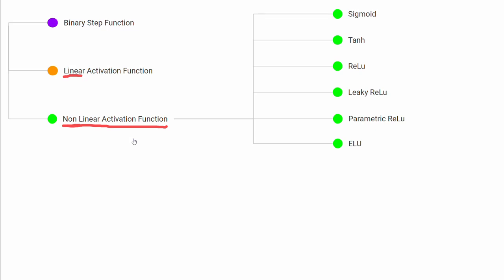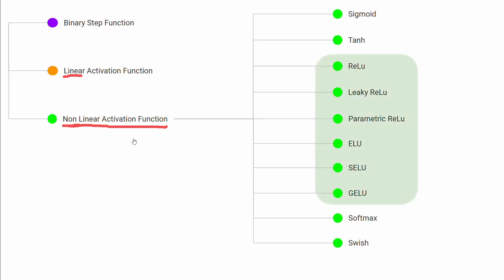Then we have ELU, exponential linear unit, then SELU, scaled exponential linear unit, then Gaussian error linear unit, then softmax, and last but not least, Swish. Of all these, six are variants of ReLU.